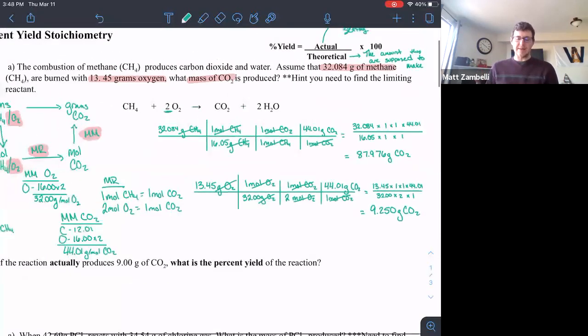So now our last step is to decide how much CO2 we are actually going to make. How much CO2 should we be making during this reaction?